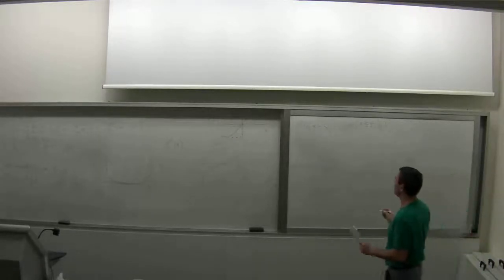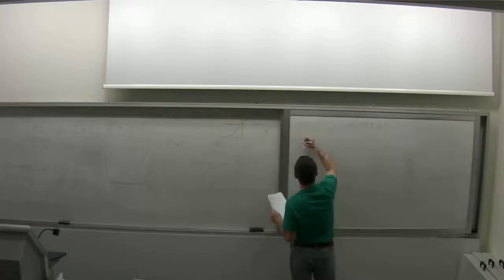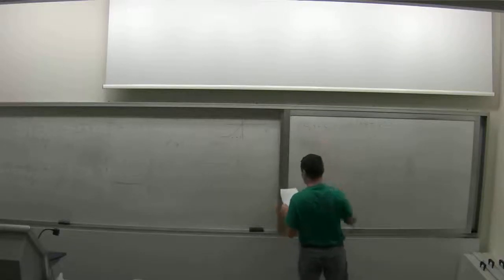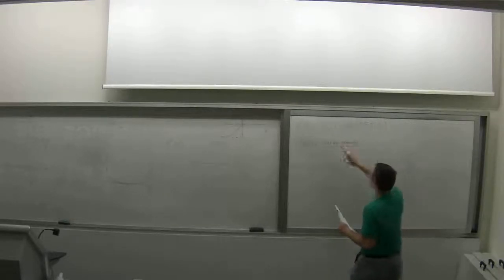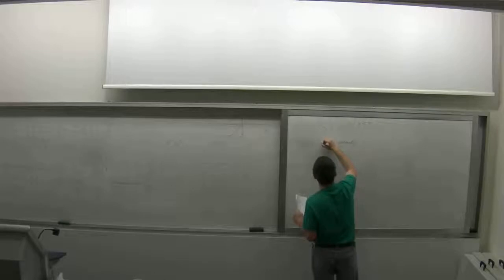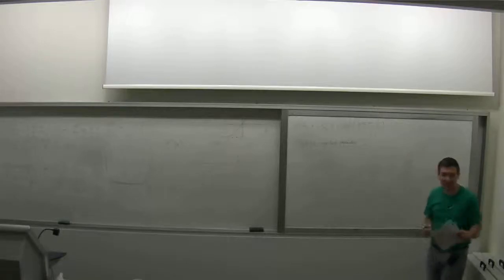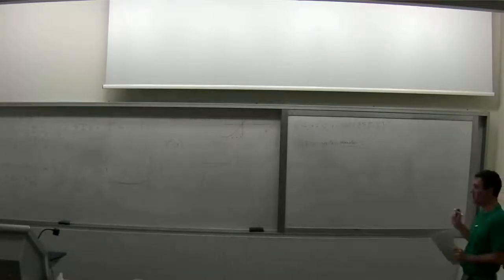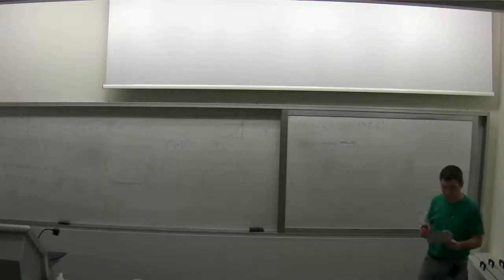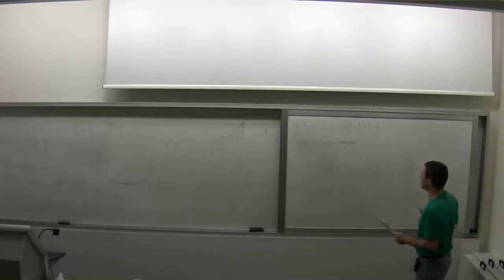And now I'm going to define something that I'm going to call an overlap parameter. The overlap parameter is a parameter that tells me how similar the network activity is to a particular memory pattern.